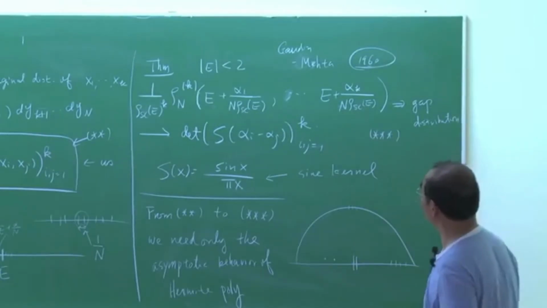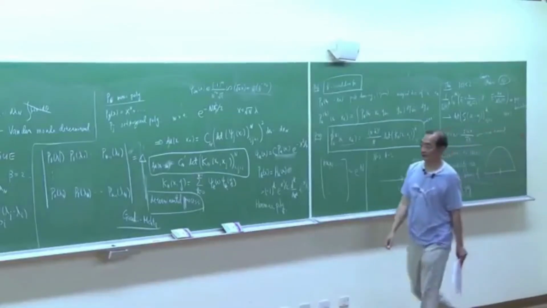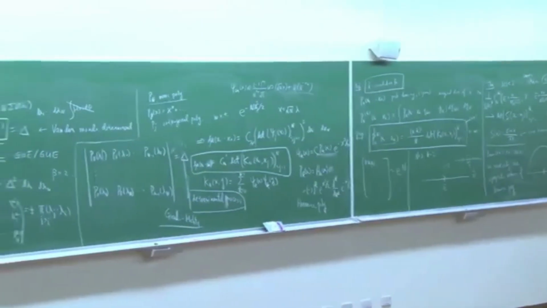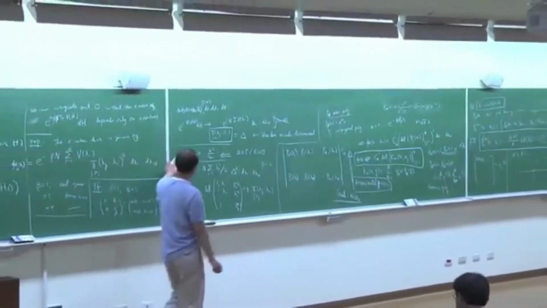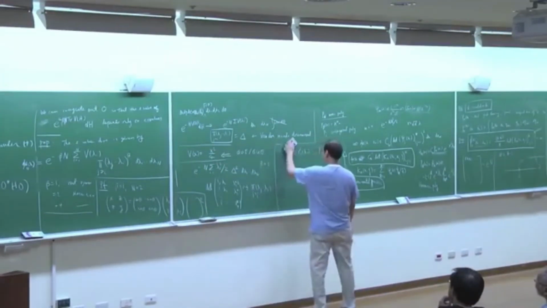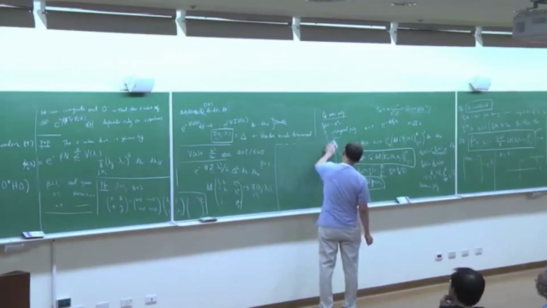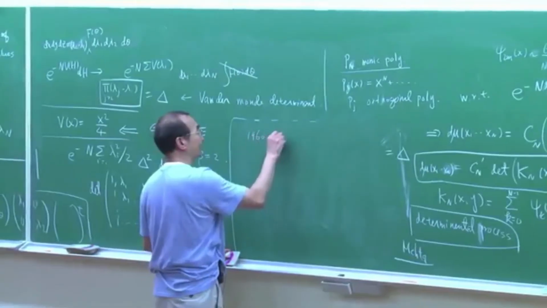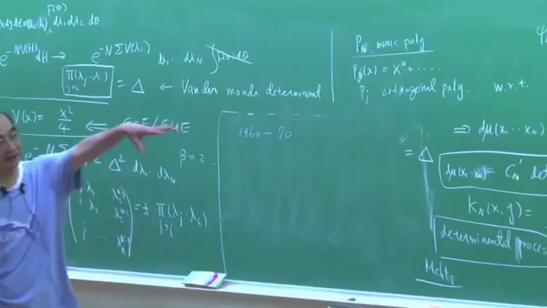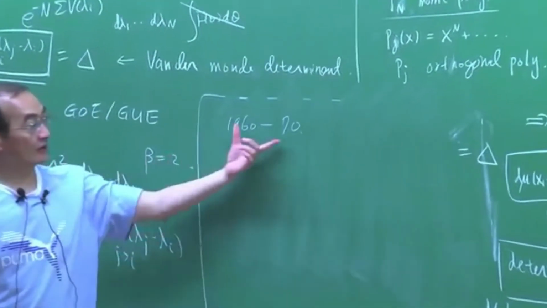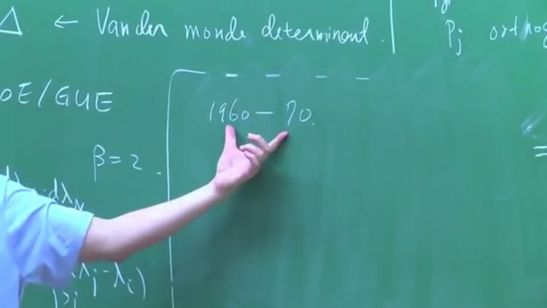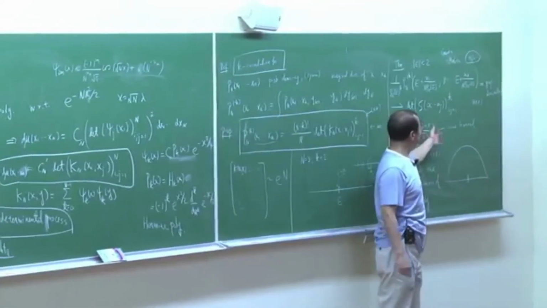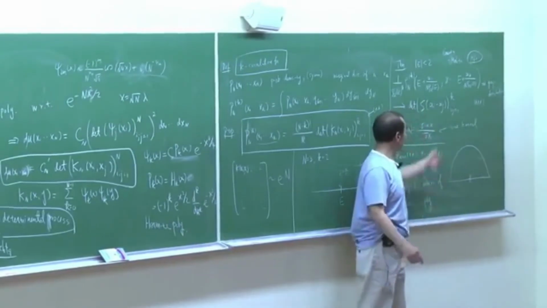Now, the history of random matrix theory is the following. Between the 60s and 70s, they did all this calculation with more precision, and they were trying to match this prediction with experiment.